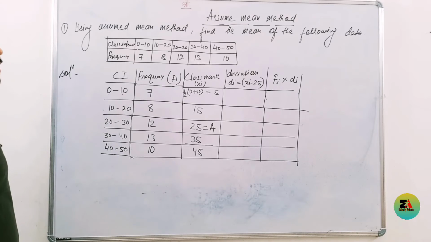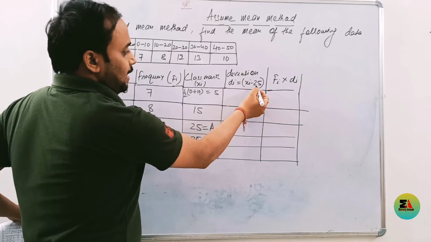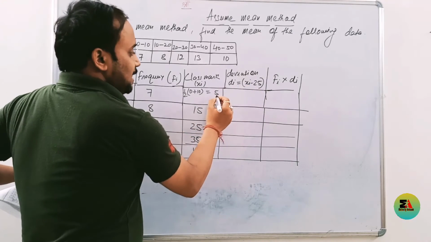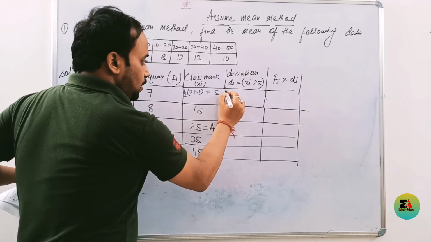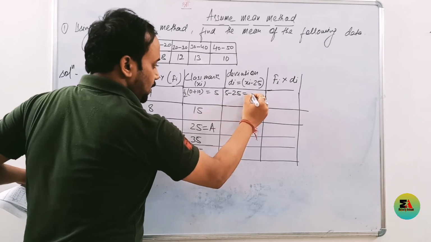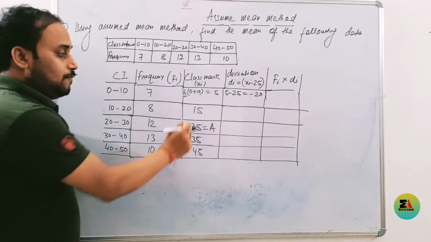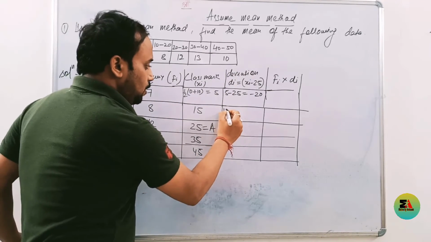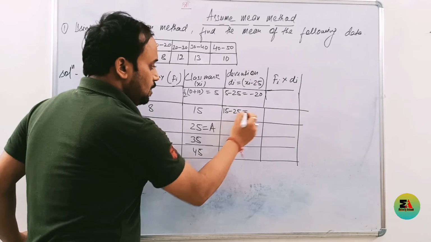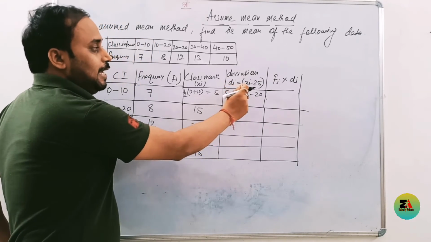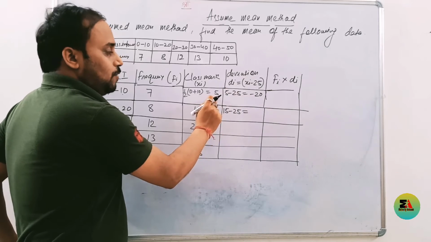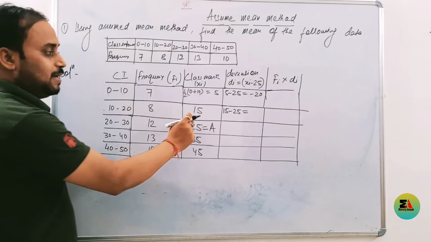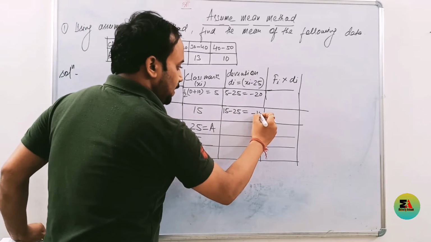Clear? Now our first deviation is what? xi minus 25. Here the first xi is 5. So you have to write 5 minus 25. We get minus 20. Now the next one is 15. 15 minus 25, we write minus 10.